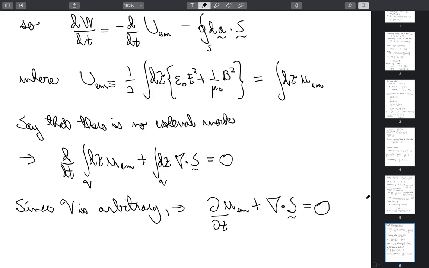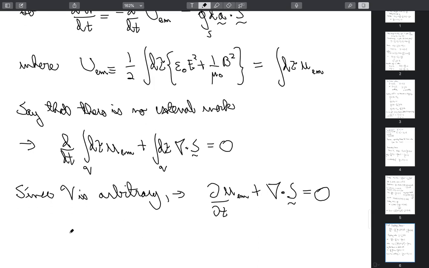So it's again the Poynting theorem, but now in differential form.